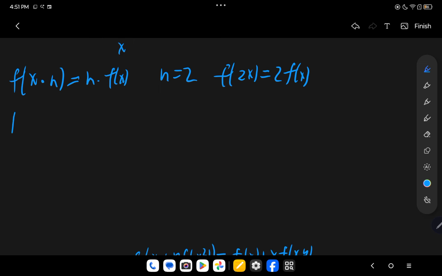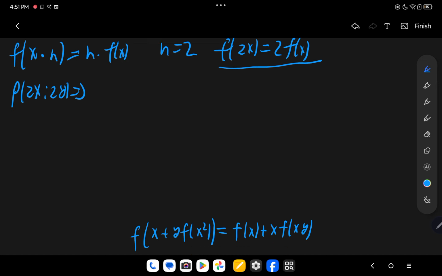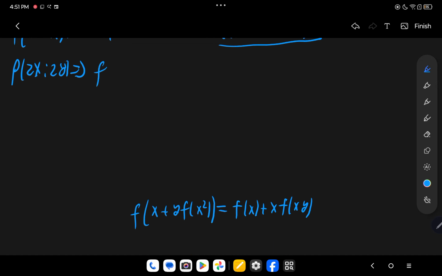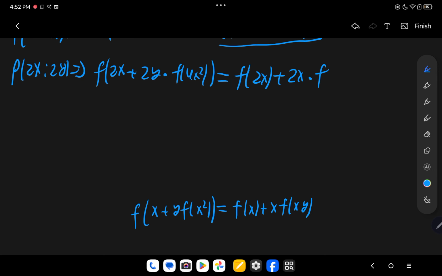Now put this in the original equation, and we will try to use this. We get f(2x plus 2y) times f(4x) squared is equal to f(2x) plus 2x times f(4xy).